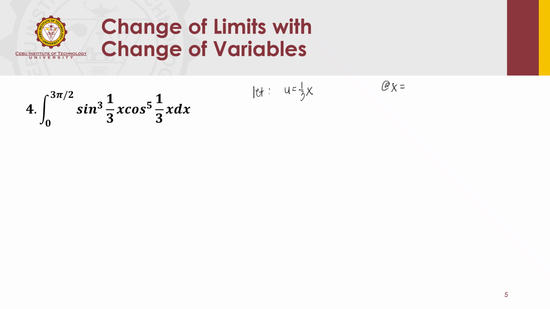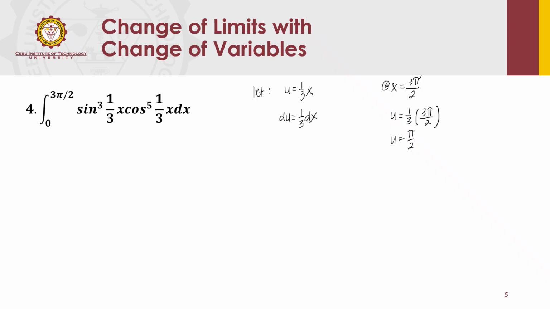So I'll show here the upper limit, which is originally 3 pi over 2. So if we're going to multiply that by 1/3, it's pi over 2. So du is 1/3 dx.